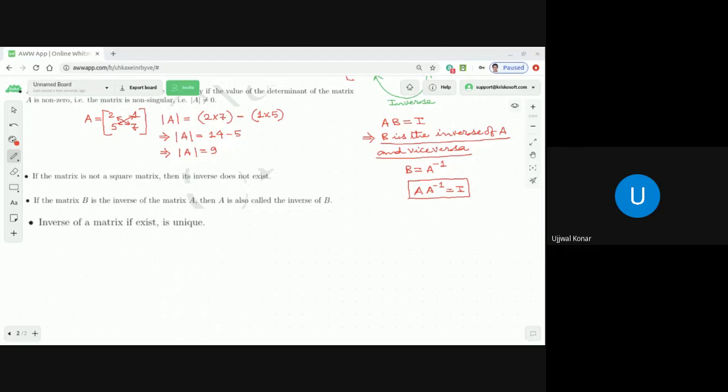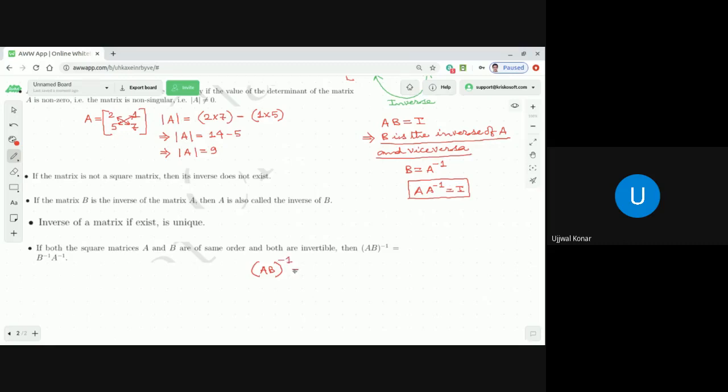And the last point is also a very important point, just like the property we learned during the transpose of a matrix. It says that if both square matrices A and B are of the same order and both are invertible, then (AB) inverse is equal to B inverse into A inverse.